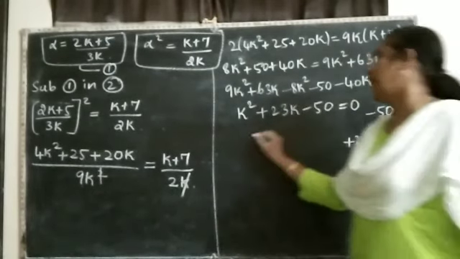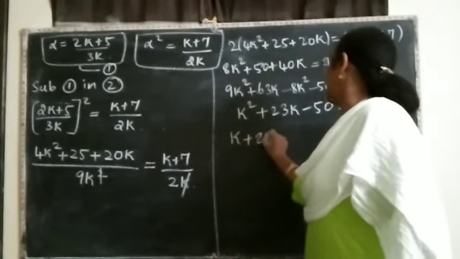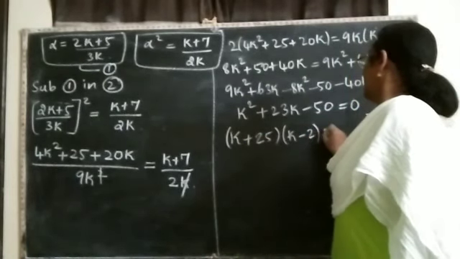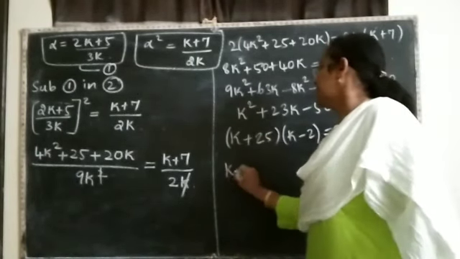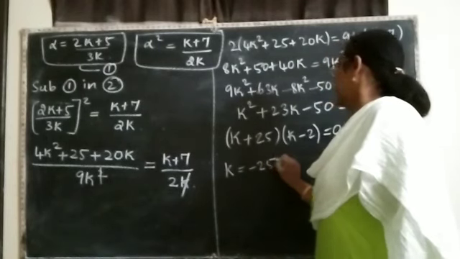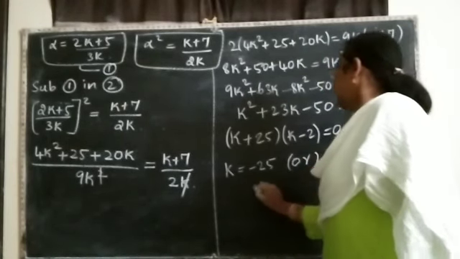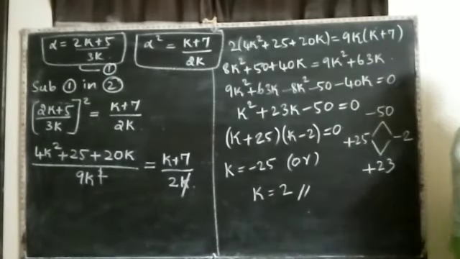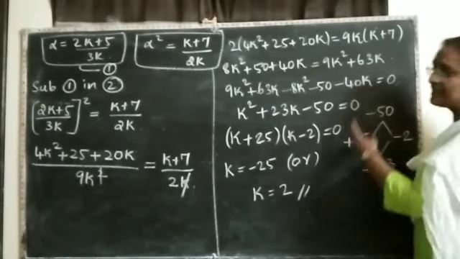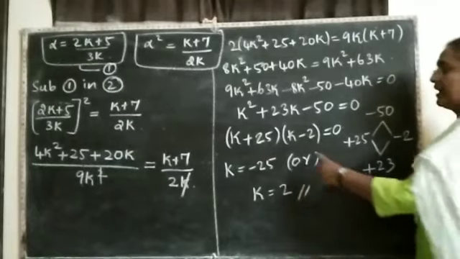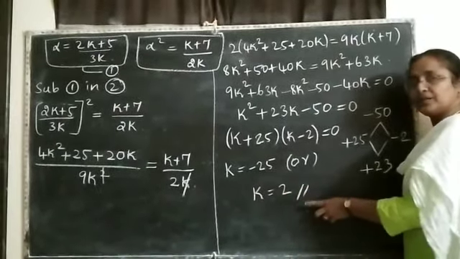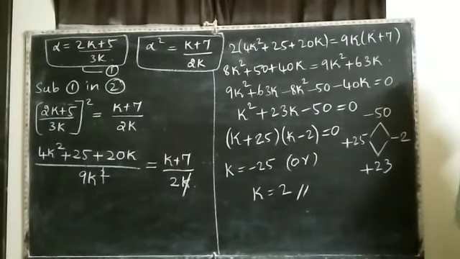I can write it as (k + 25)(k - 2) is equal to 0. So k is equal to minus 25 or k is equal to 2. After all simple modifications, we have found the value of k to be minus 25 and k equal to 2. Hence, we have proved the result.